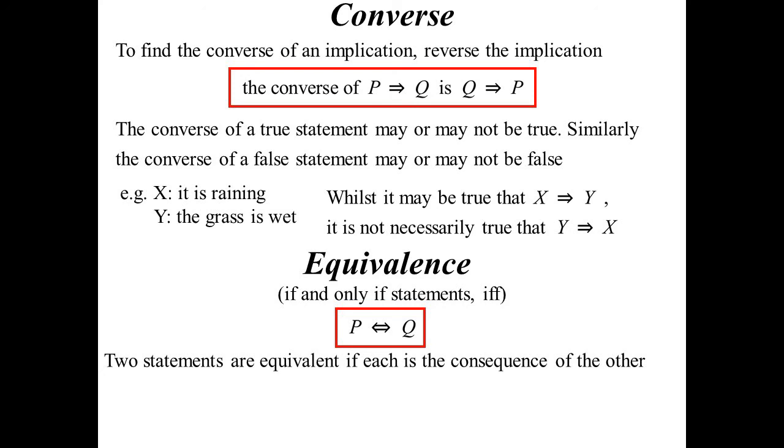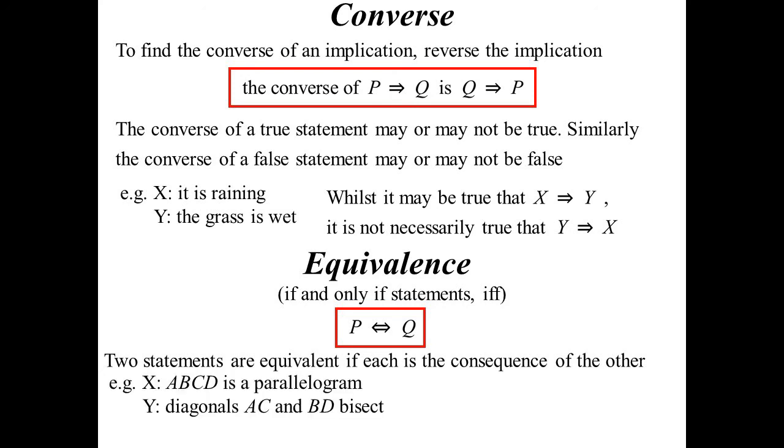It reads both ways. Example, X: ABCD is a parallelogram. And our other statement, Y: the diagonals AC and BD bisect each other. So we have X implies Y and Y implies X. If the diagonals bisect each other, we talk about quadrilaterals, of course, then we know it's a parallelogram.